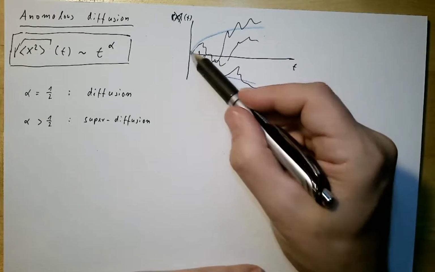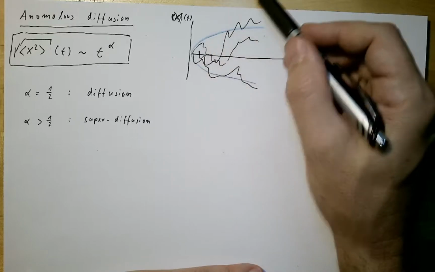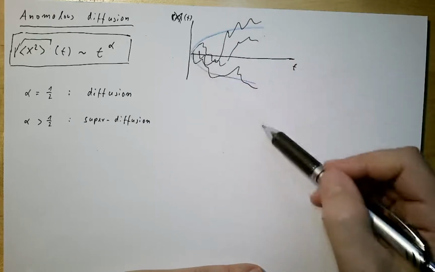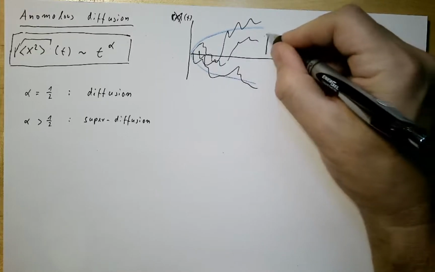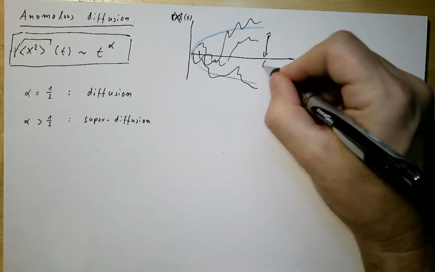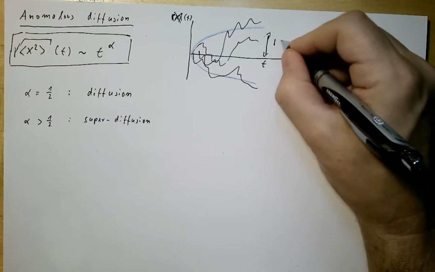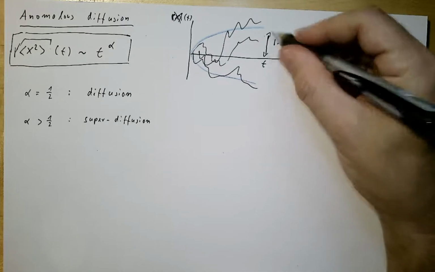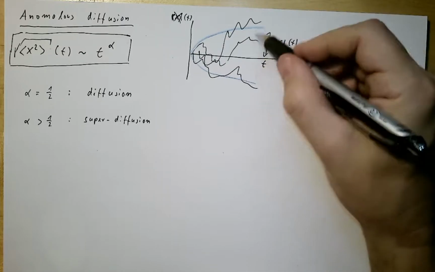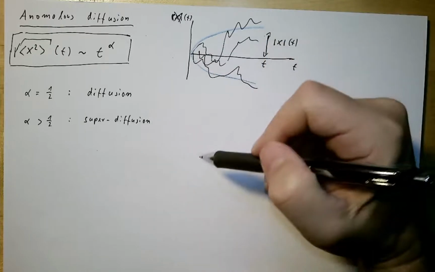Now if we have a super diffusive behavior, the walker is able to go further, either in plus or minus direction. So the typical distance the walker has at time t can then be larger than the square root of time if we have super diffusion.